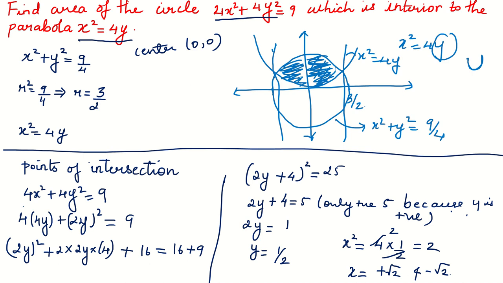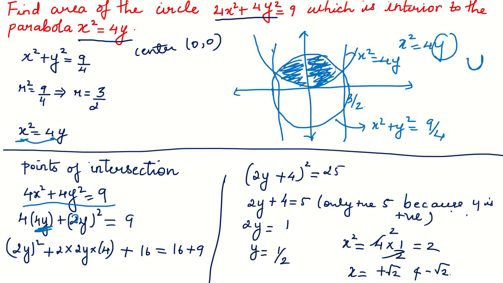So I take the original equation, because I can substitute easily. I have 4x square already with me, so instead of that I have put 4y here, and I have written 4y square as 2y the whole square is equal to 9.